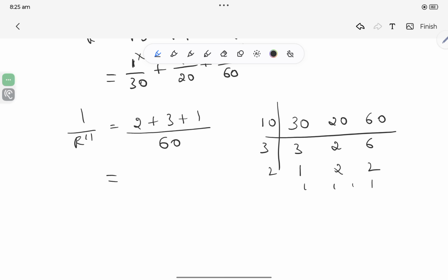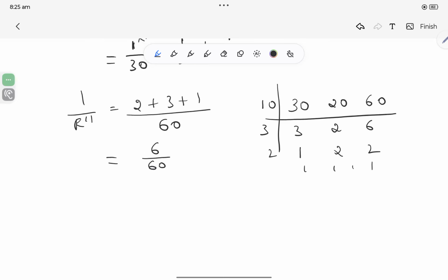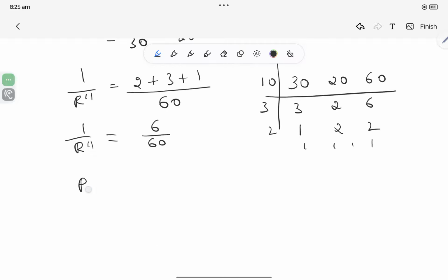So it becomes 6 by 60. Now we want R double dash, so take the reciprocal, 60 by 6. 6 tens are 60. So R double dash is equal to 10 ohm.